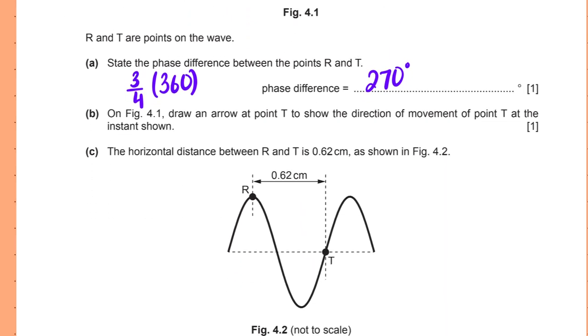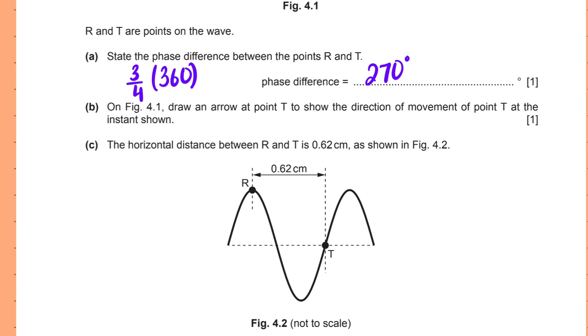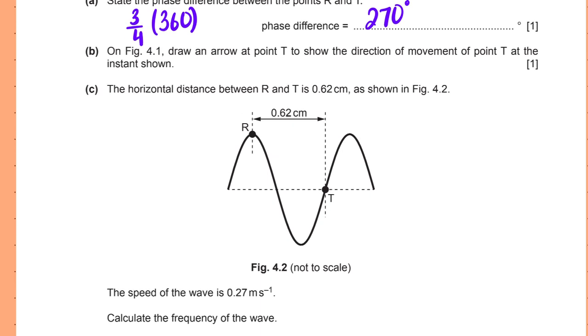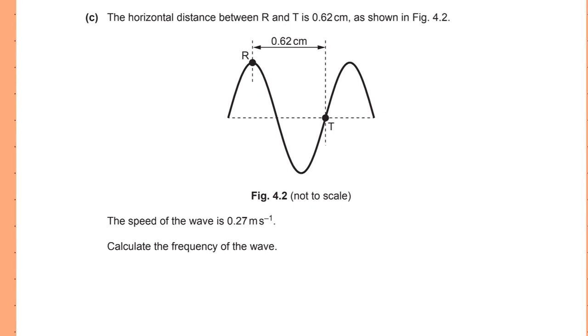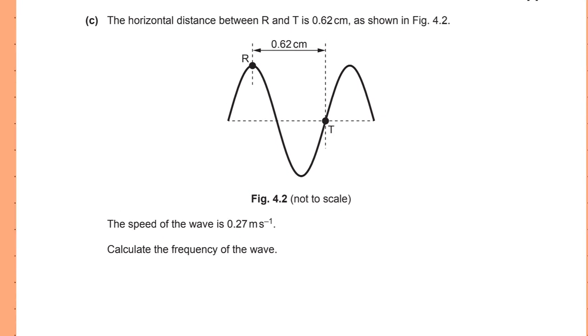Horizontal distance between R and T is 0.62 centimeters, and the speed of the wave is 0.27 meters per second. Calculate the frequency. So I just use this idea that the difference in wavelength is 3/4 of the wavelength. So 3/4 of the wavelength is 0.62 centimeters. So that means 0.62 into 10 to the negative 2.